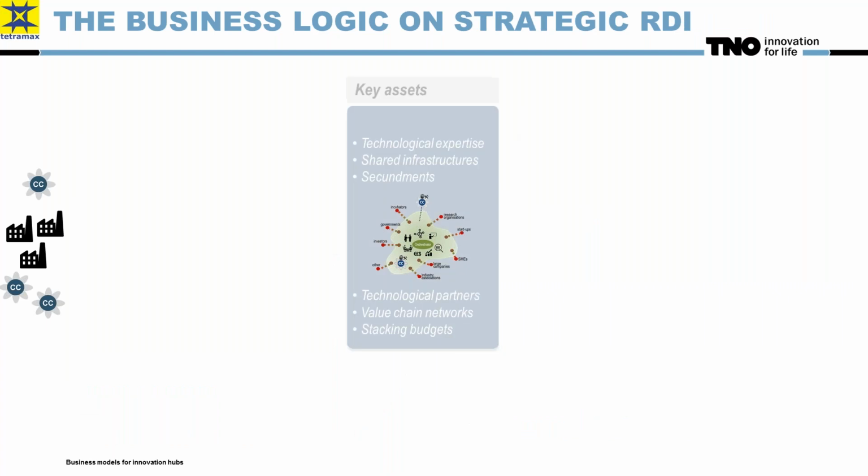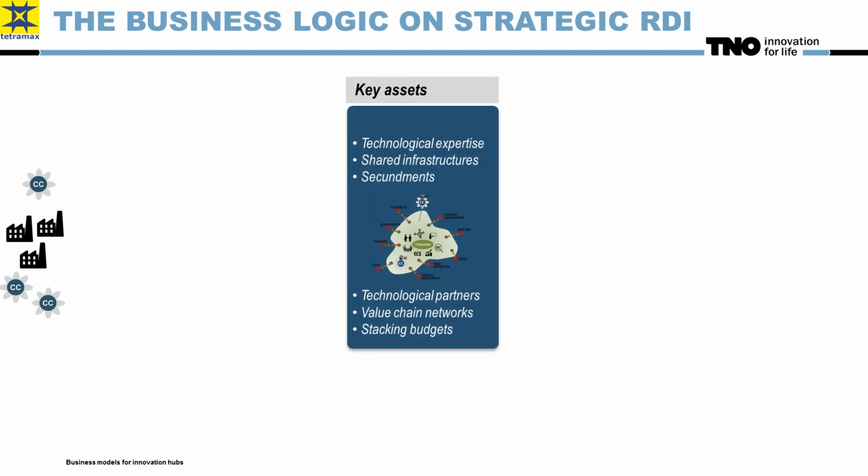Then the second one is the business logic I developed on strategic RDI. This is also one of the services that I've shown. The key assets are the technology base, and the technology and expertise of the people working on it.